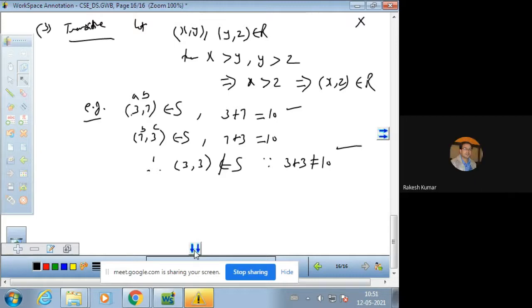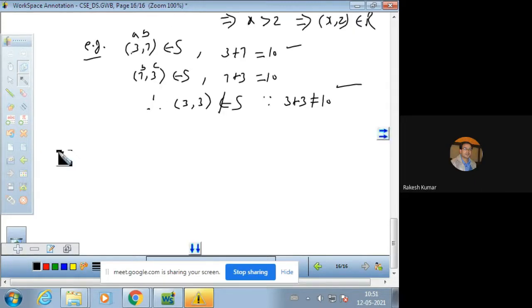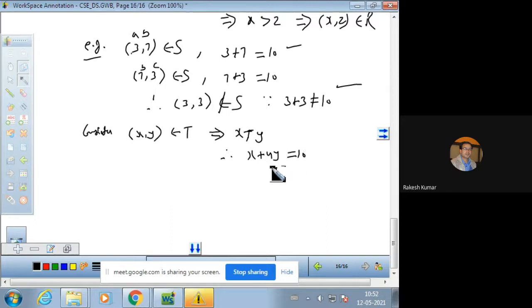Let us talk about the transitivity of T. We can consider the ordered pair (x, y) belonging to T. It means x is related to y under T, therefore x plus 4y is equal to 10.